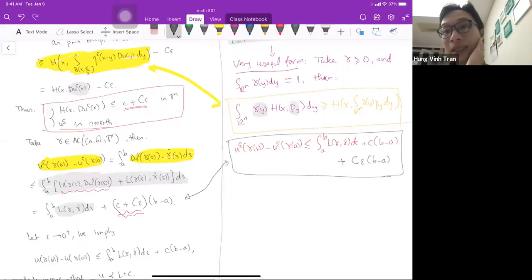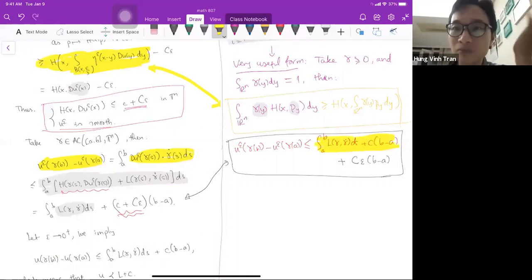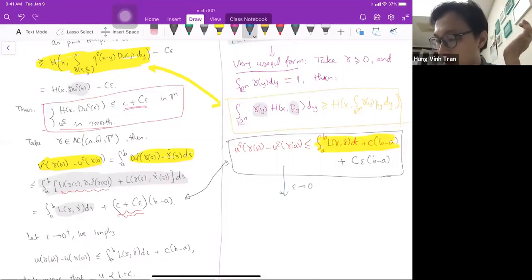The key thing is that this part that I'm highlighting is exactly what we want. We do pay a bit of the price, but this is a normal step in analysis: you do approximation, you let epsilon go to 0, and the error term goes away. So you end up with exactly the normalized action functional L plus C. So we are done.